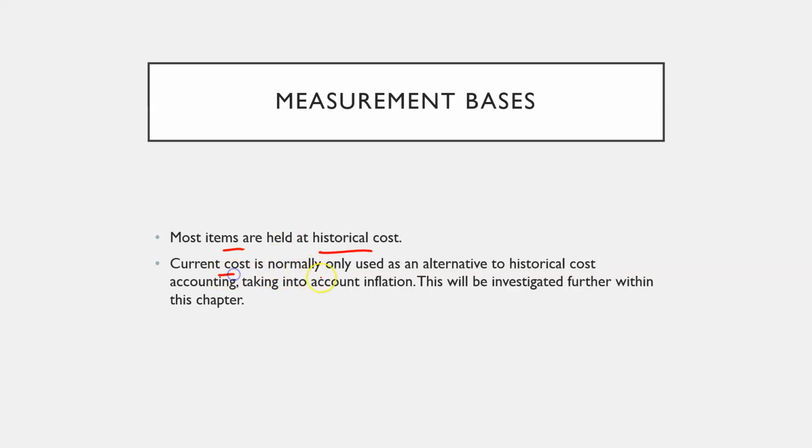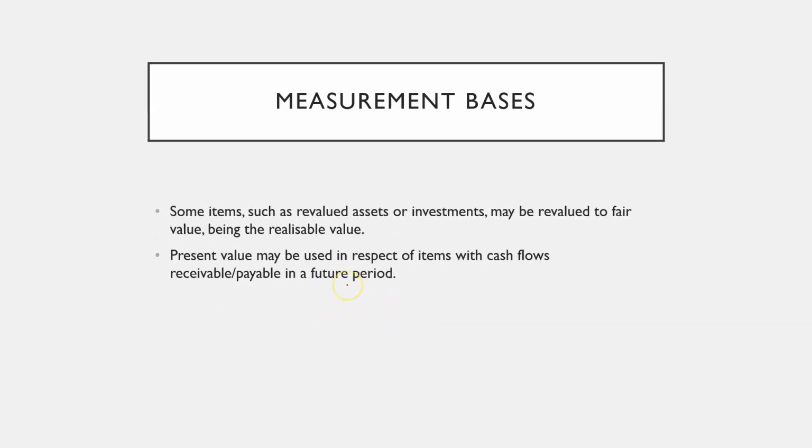But we also have current cost, which is normally only used as an alternative to historical cost. We'll see that later on when we're talking about things like where you have inflation, and then it does start to make sense that we should be considering inflation, and of course adjusting our historical cost figures to take inflation into account.